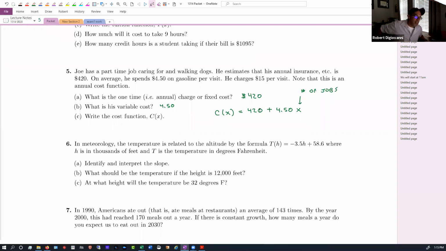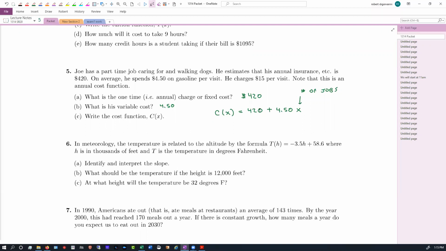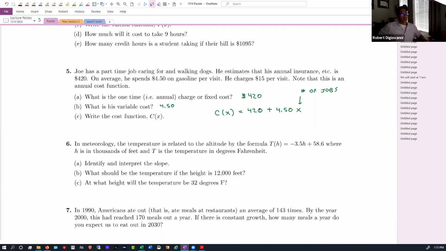What information did we not use in this problem? $15 per visit. Yeah, the 15, we didn't even use it, did we? Because we weren't asked about it.